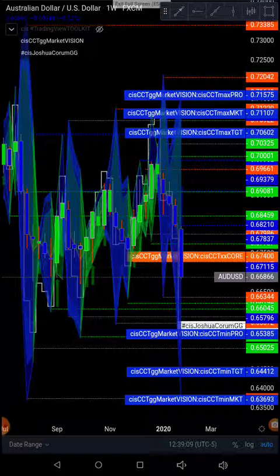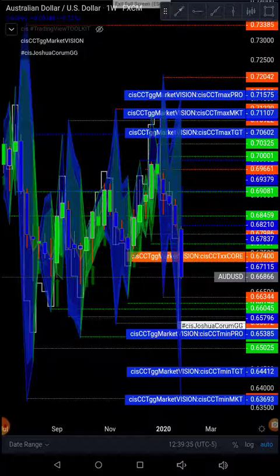When there is a compression, where the CIS CCT GG Market Vision indicator compresses and you see that compression in price, where it pulls that top band and that bottom band in and compresses just before it bubbles back up, that compression inverts the signal.